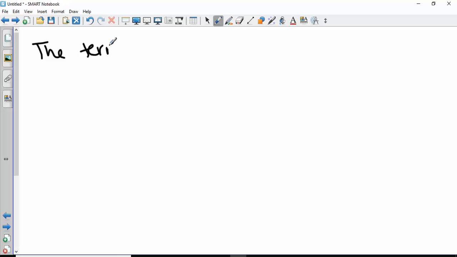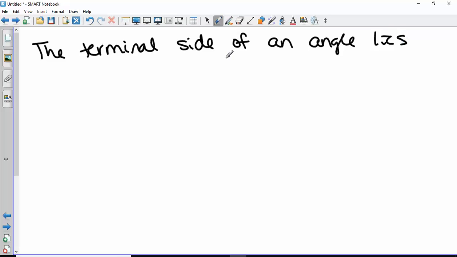The terminal side of an angle lies on, let's say, 3x plus 4y equals 0.